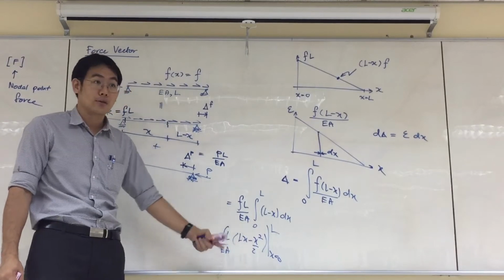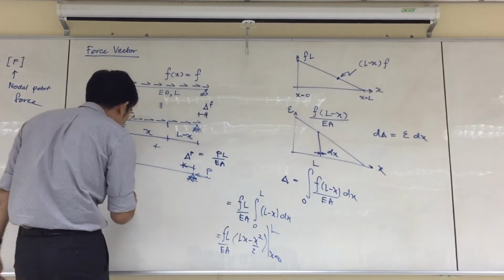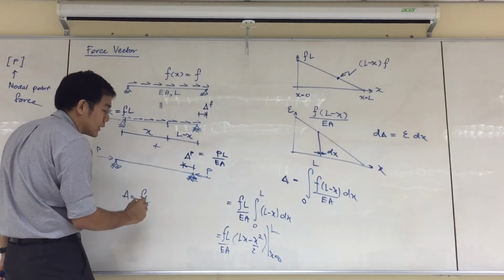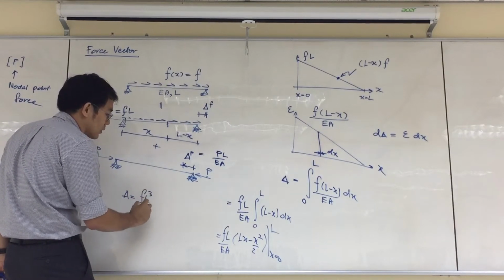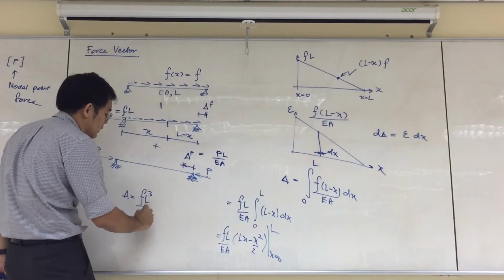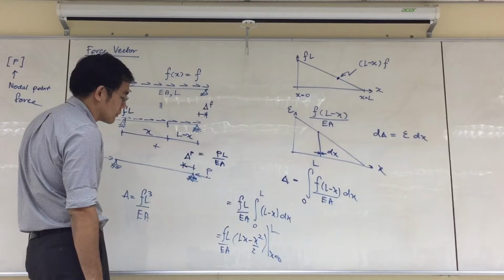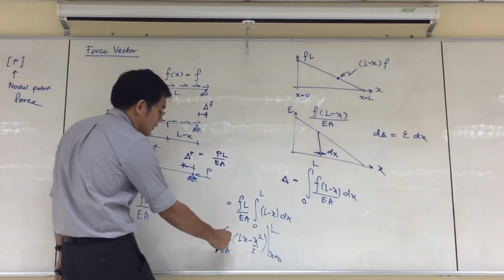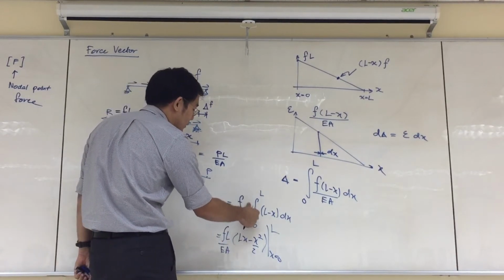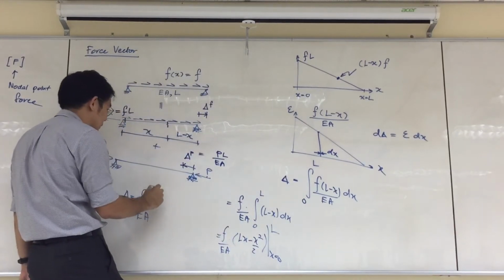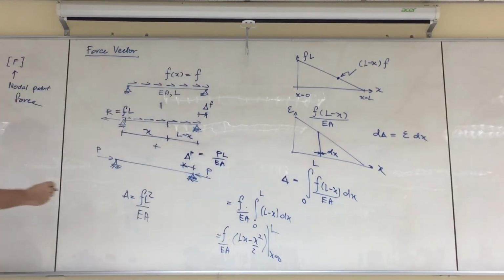You end up with L squared over 2. So the delta equals FL cubed over EA. Let me check. I pull out the L, okay. So FL squared over EA, divided by 2.